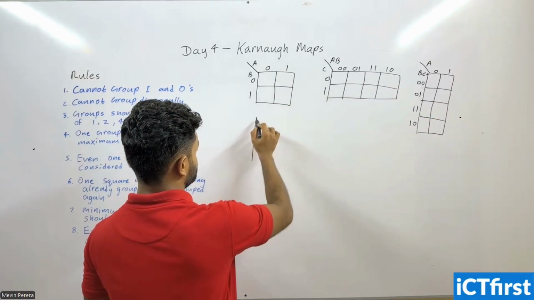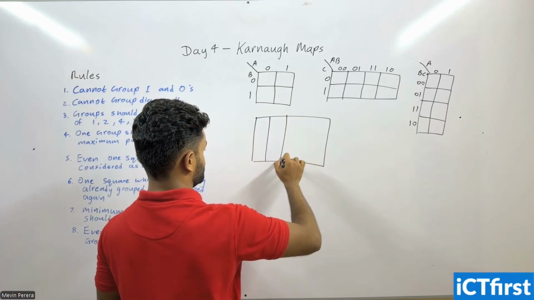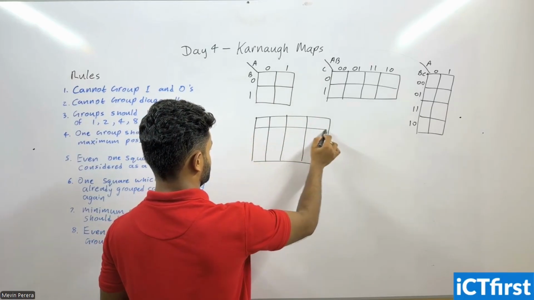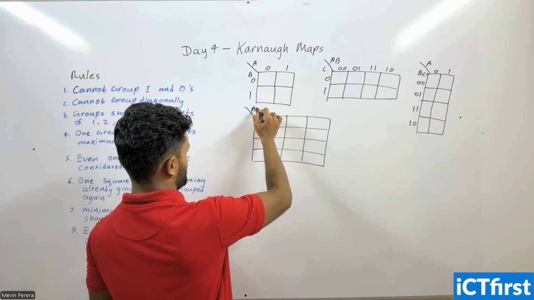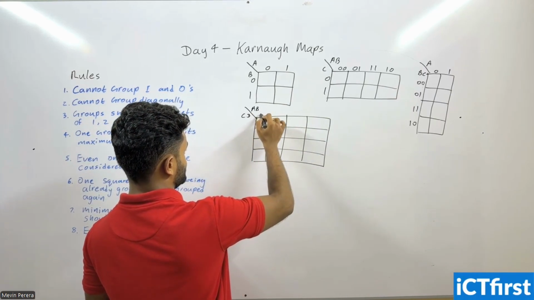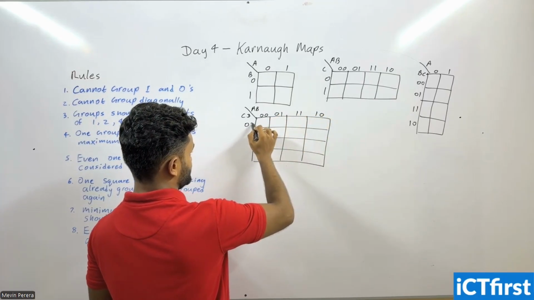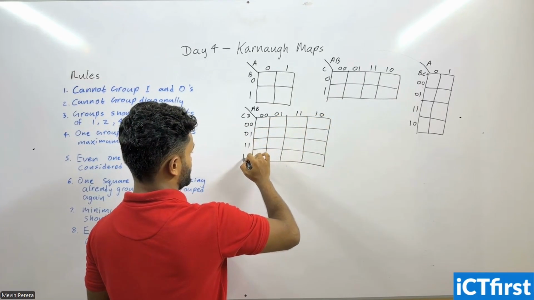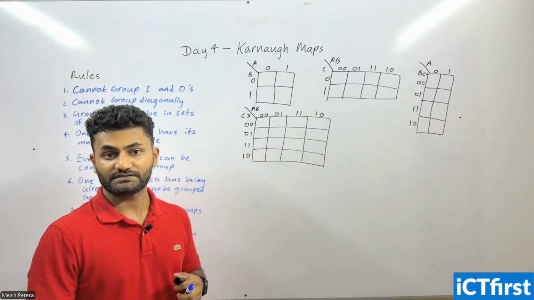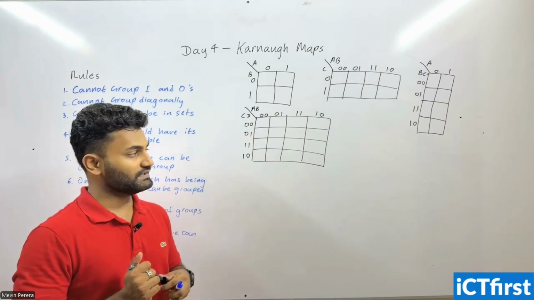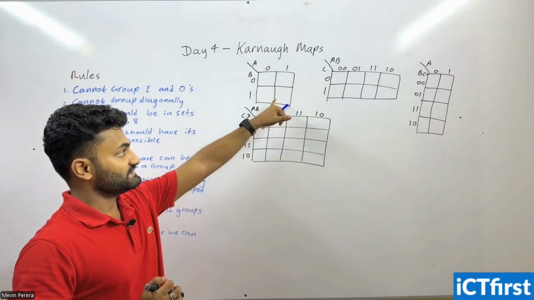Then A B C D: 0 0, 0 1, 1 1, 1 0, and 0 0, 0 1, 1 1, 1 0. All right. So this is how the Karnaugh maps will be drawn. So this is for 4 inputs. Those are for 3. This is for 2.